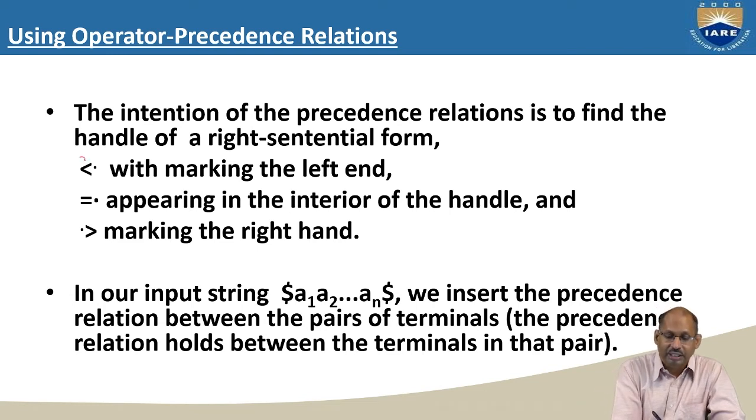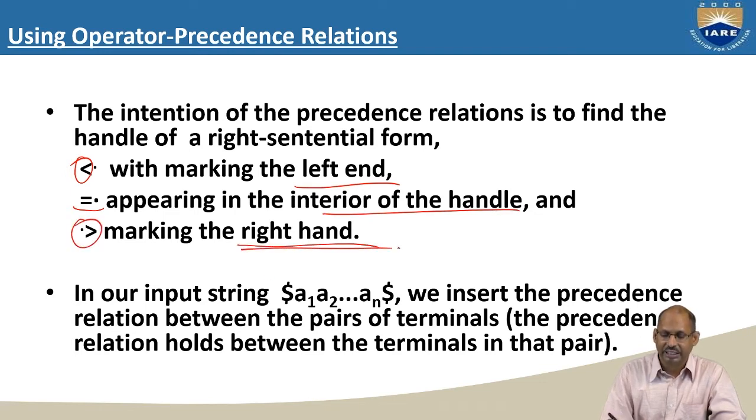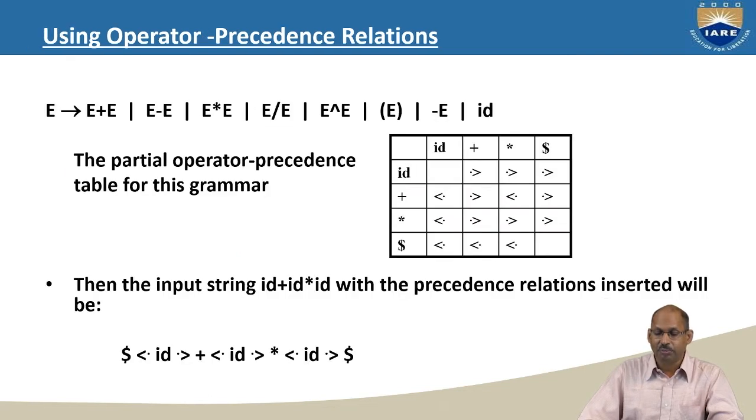The left end and the right end of the handle are identified, and the interior of the handle is the part between them. In our input string, we insert the precedence relation between each pair of terminals.